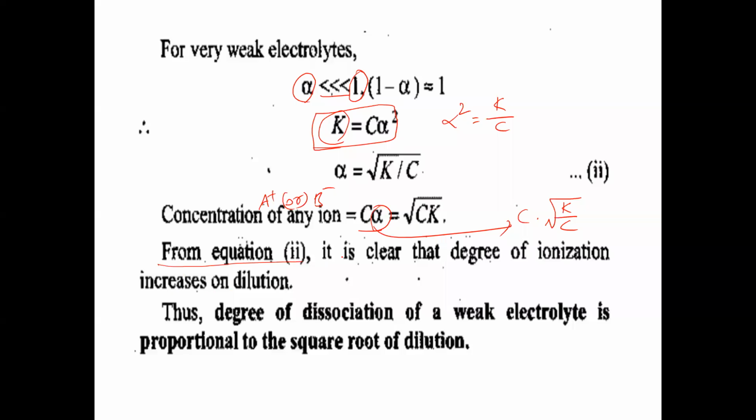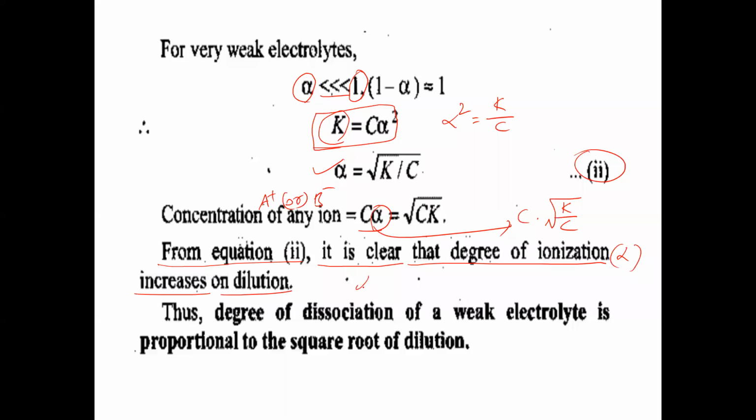From this equation, alpha is equal to under root K by C. It is clear that the degree of ionization, alpha, increases on dilution. On dilution, volume will be increasing. When volume is increasing, dissociation will be increasing, so the degree of dissociation alpha also will be increasing.